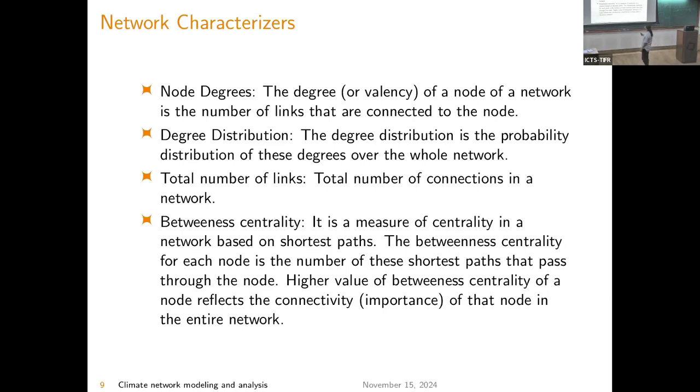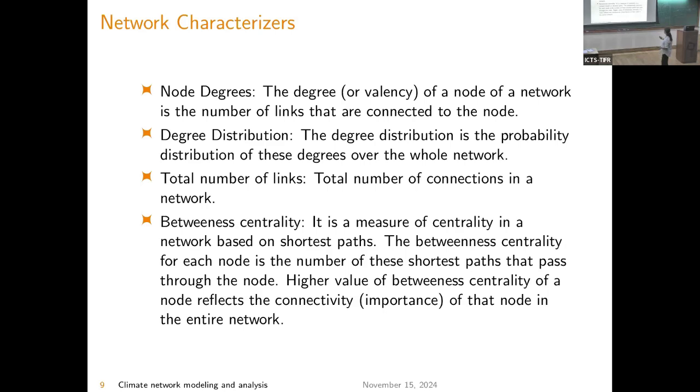Here you can calculate the node degree. It is nothing but the number of links that are connected to a node. For the degree distribution, every node will have a different node degree, so you find the distribution and the total number of links. Then there is the betweenness centrality.